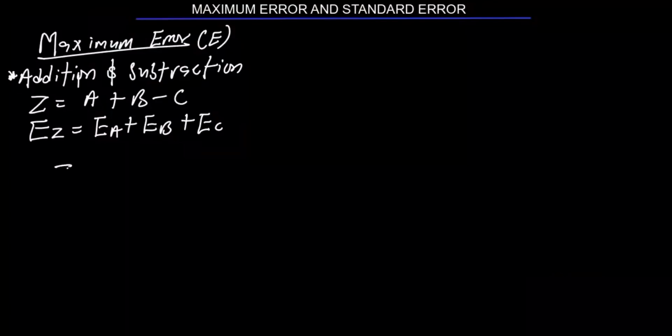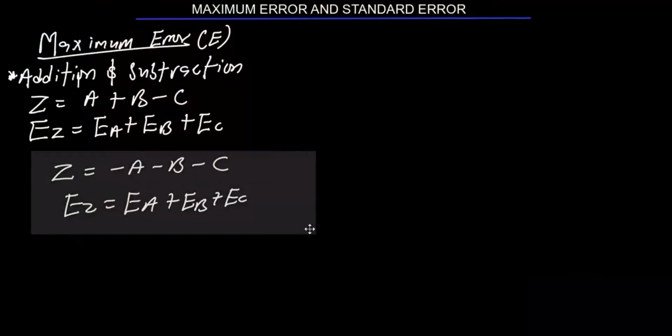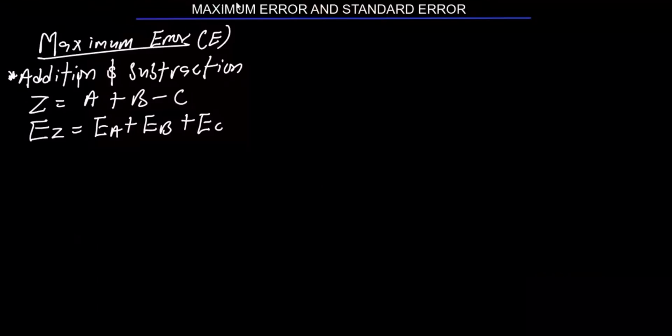Even if your formula is Z equals minus A minus B minus C, to find the error in Z you are going to add all these errors together. So when you are given the error in A, error in B, and error in C, you sum up all the errors, and that's how you have it.